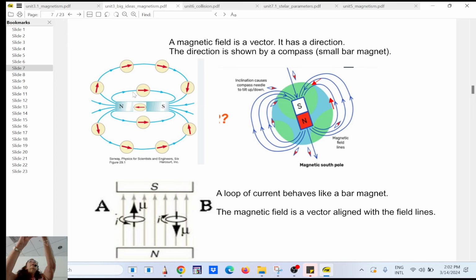What you get is that the loop of current will behave like a bar magnet. Your thumb will show the north. So the current is flowing this way, that will be your north and that will be your south.